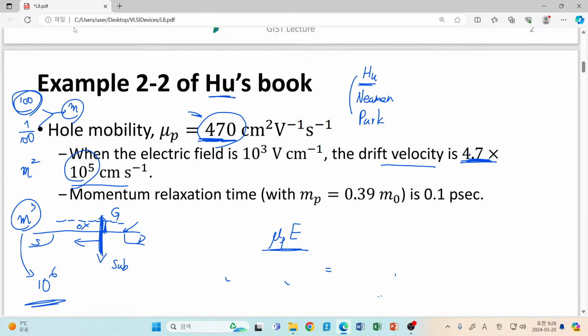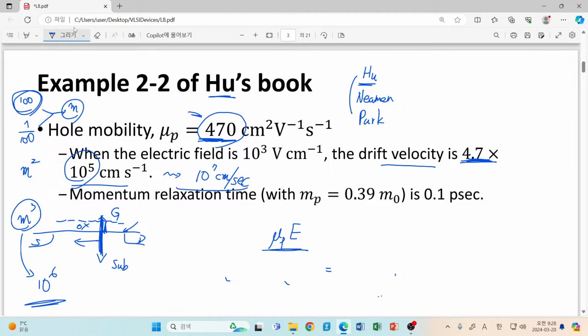Is it high speed or low speed? Fast or slow? Please note that the velocity we can achieve inside the silicon crystal by holes or electrons is just 10 to the 7 centimeter per second.